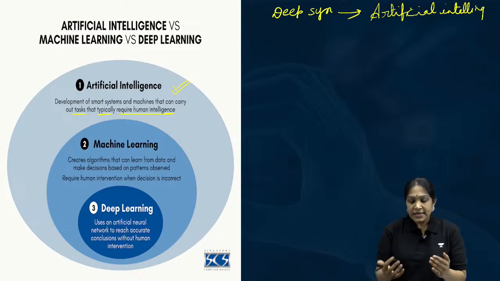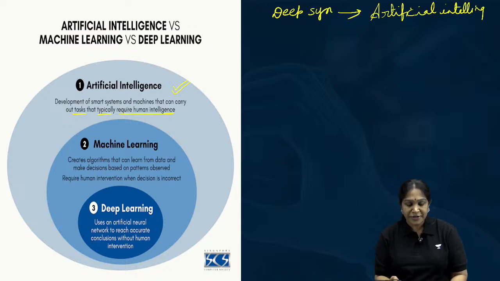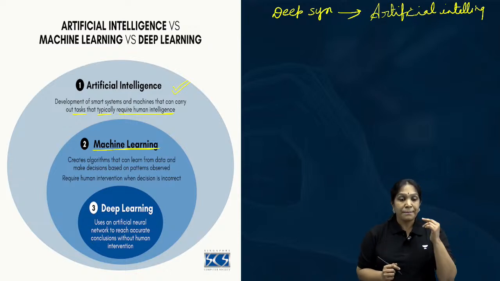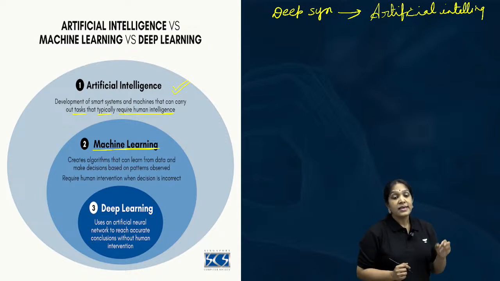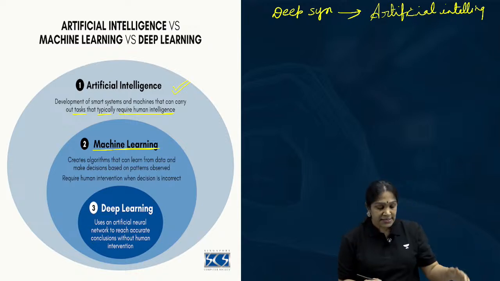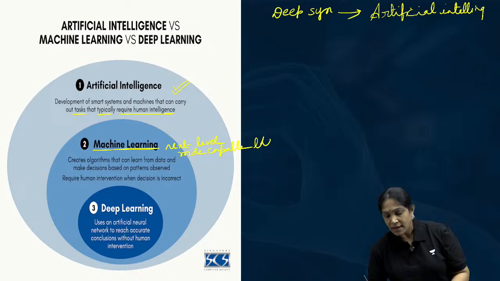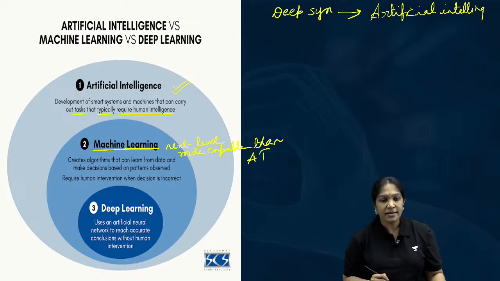Then a subcomponent of artificial intelligence is called machine learning. This is the next level, more capable than artificial intelligence. Is it clear?